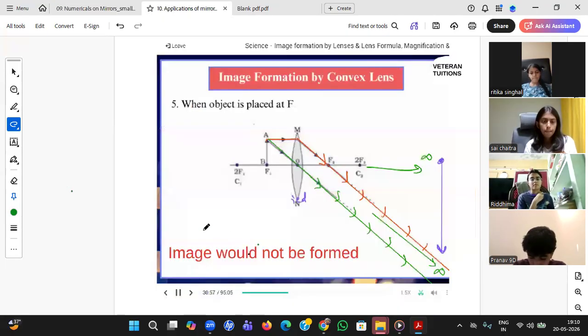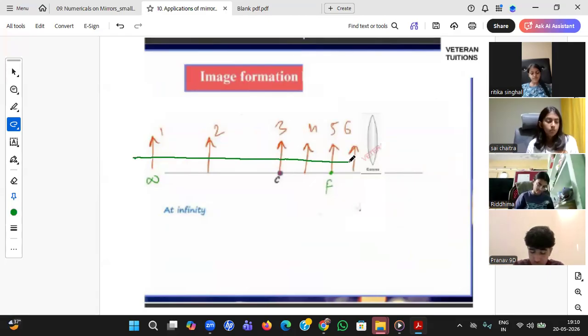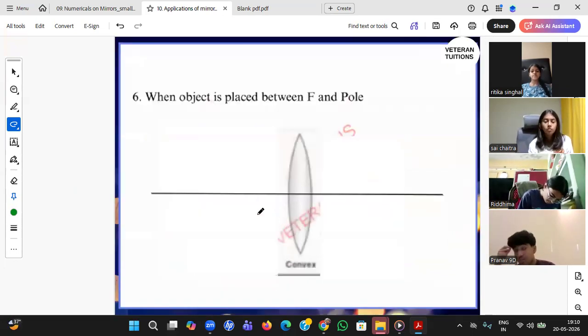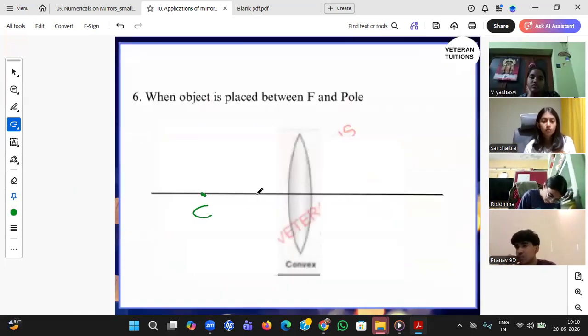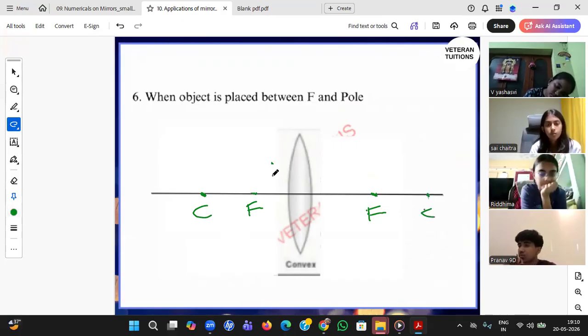Okay, yes, case number 6. It's a very important case, as we have seen with the concave mirror also. I am moving my object near the convex mirror. Yes, Ridhima, this is a convex mirror. This is the center of curvature, focus, center of curvature, beta. My object is very near to the lens.